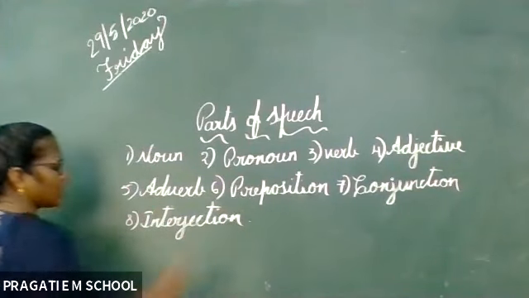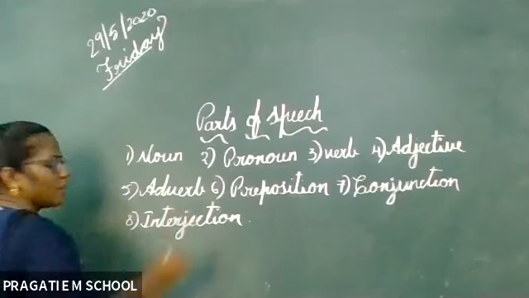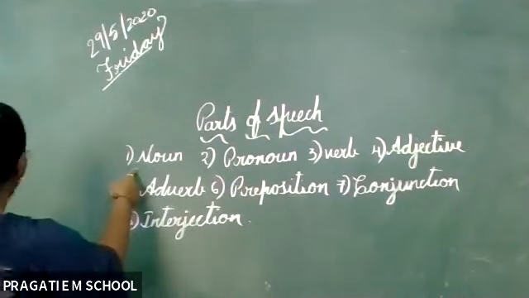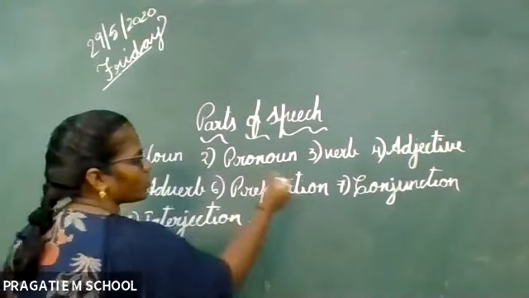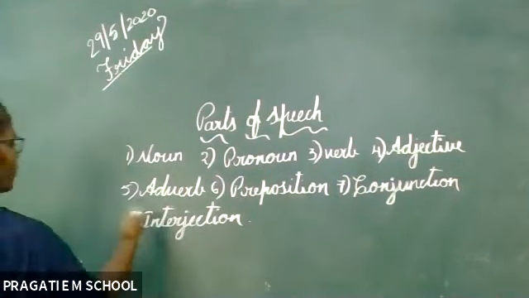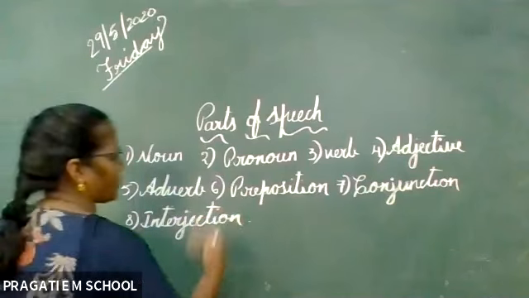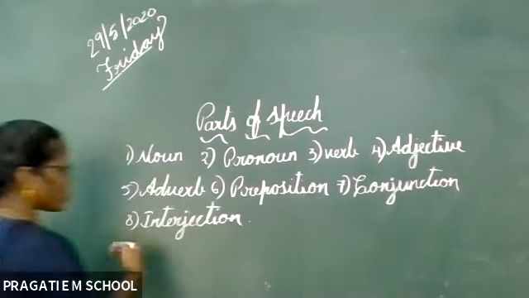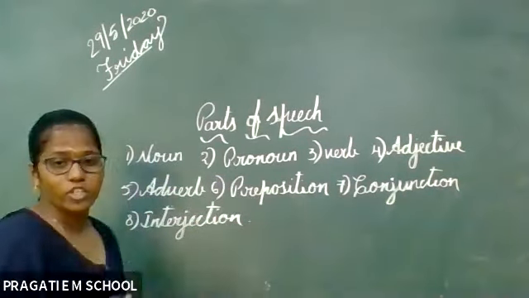First one is noun, second one is pronoun, third one is verb, fourth adjective, fifth adverb, sixth preposition, seventh conjunction, and eighth interjection.